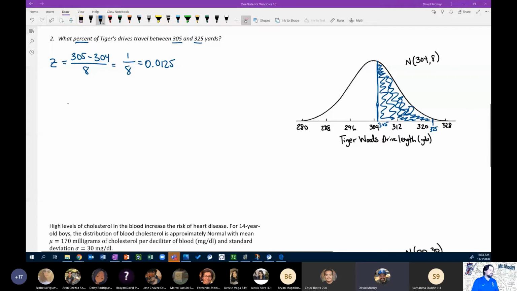And then our z-score for the upper bound is going to be 325 minus 304 divided by 8, which will equal 21/8, which is 2.625. Right, so these are now the z-scores.